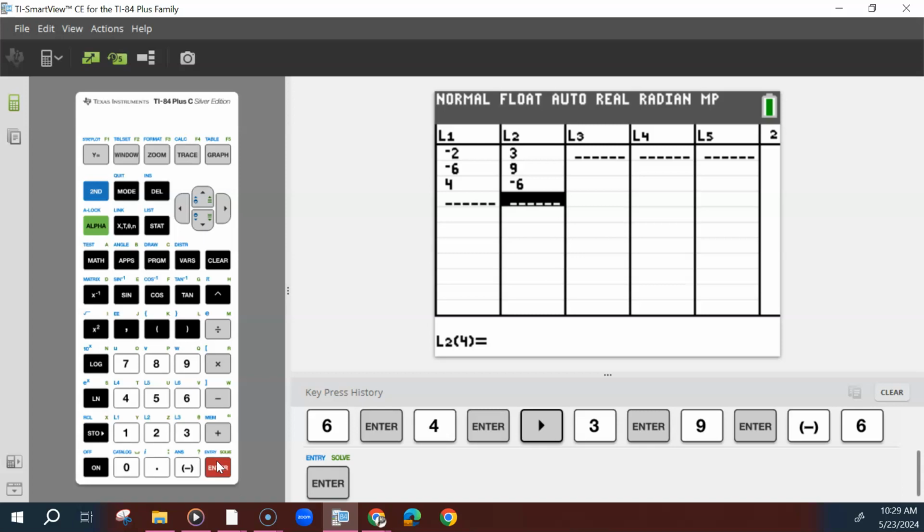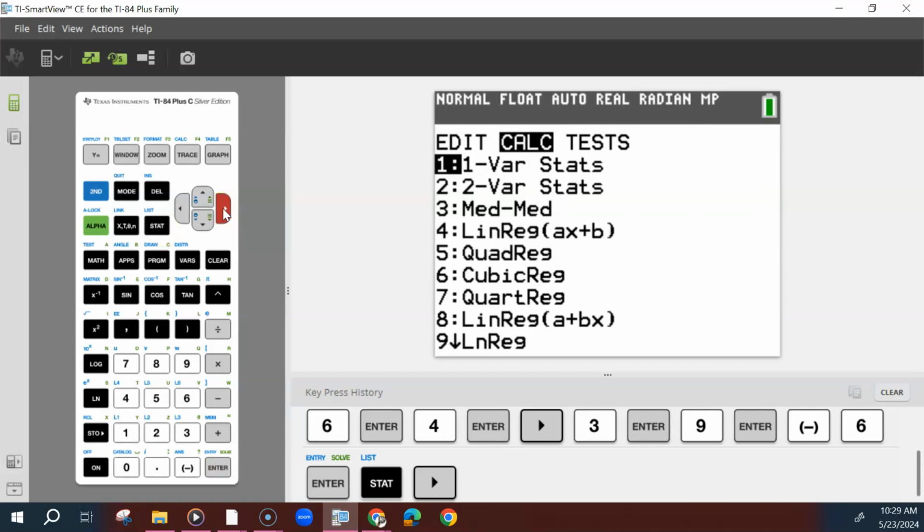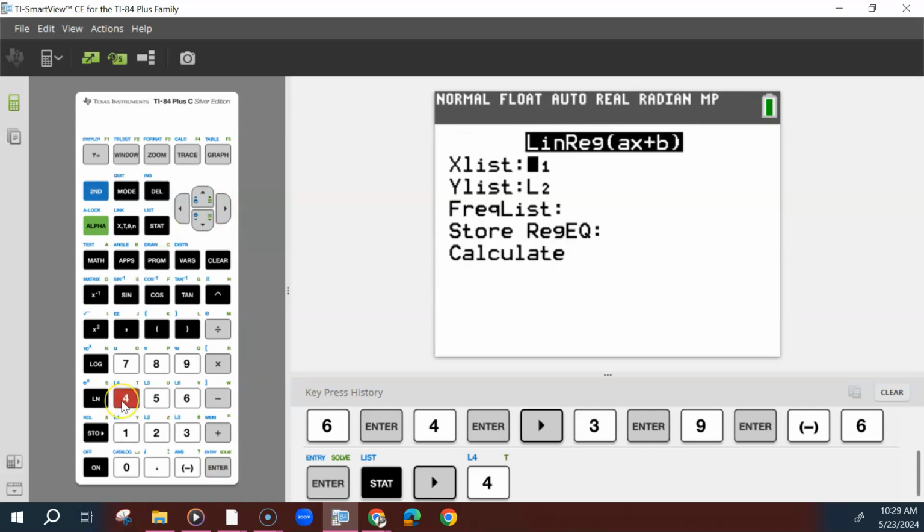And then we're going to go back into stat, go over to calculate, and then we just need the y-intercept, so number 4, and down the track.